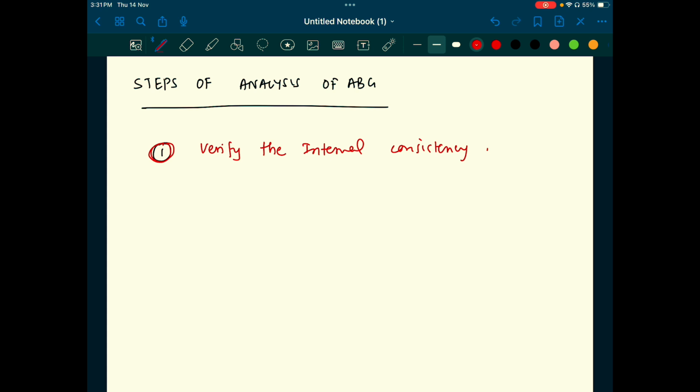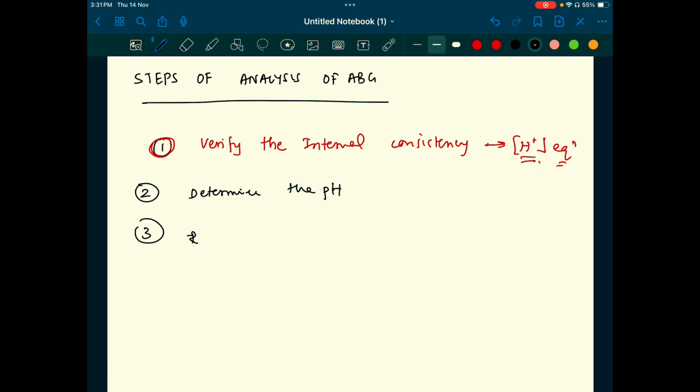Very important, and this is where the H plus concentration equation comes into use. The second thing is determining the pH. Third is recognizing the primary acid base disorder.